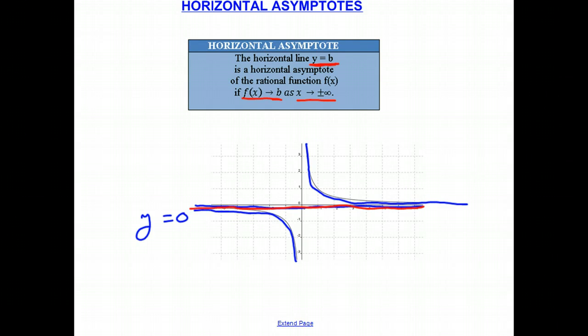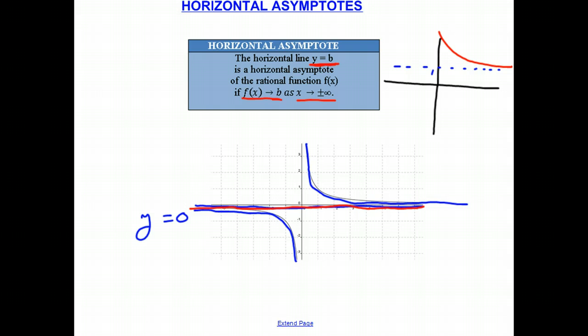Now that line y equals 0 doesn't have to be there. For example, I could draw another graph. And let's say I had a line right here, let's say at 1. And let's say this function were to get closer and closer to y equals 1, but never gets there.